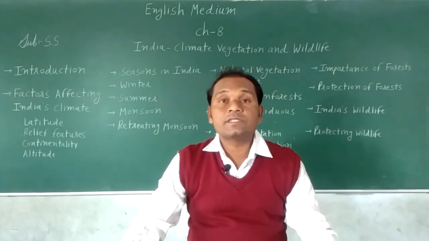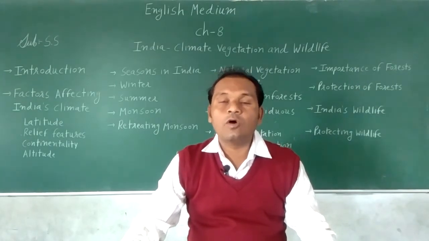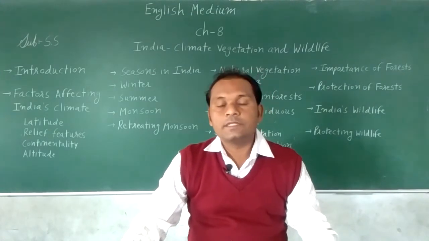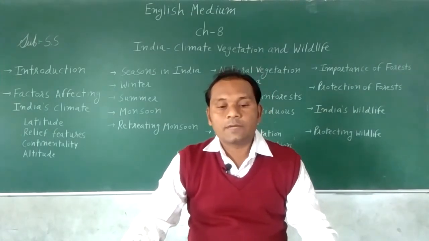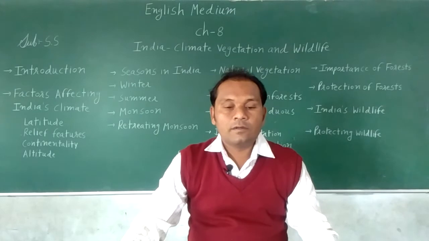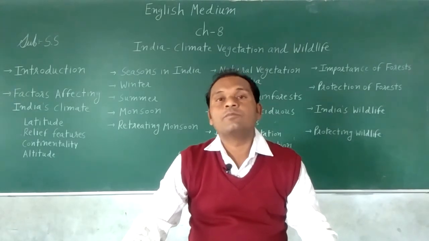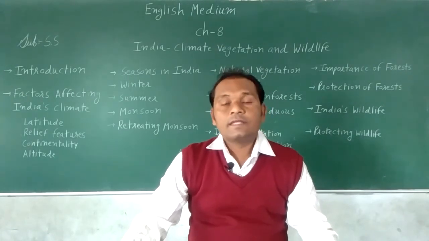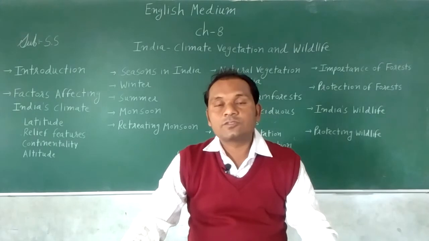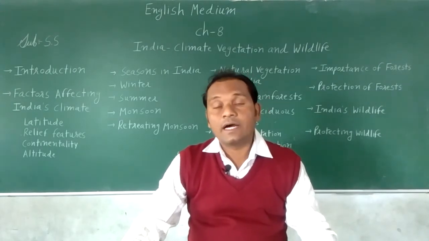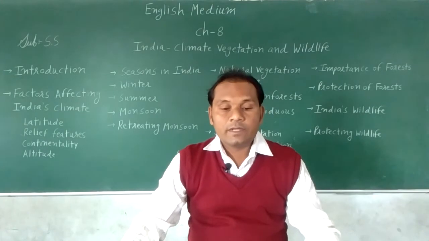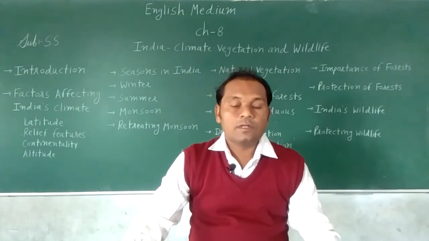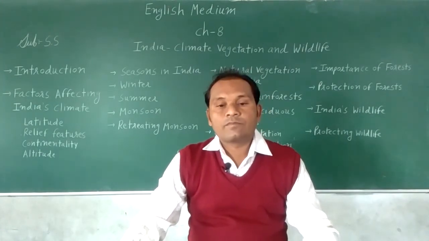The Indian bison is known as the gaur. It is also found in Chota Nagpur and the plateaus and peninsula of India. Different species of deer, antelopes and monkeys are also found in various parts of our country.